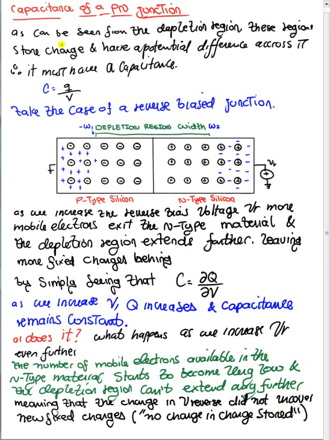And thus we have a nonlinear capacitor. If we had a linear capacitor, as we kept increasing the voltage, we should see more and more charge being stored, so that the capacitance remains equal. But that's not the case. As we increase the voltage farther and farther, the charge stored doesn't change at the same rate. So we have a nonlinear capacitor.